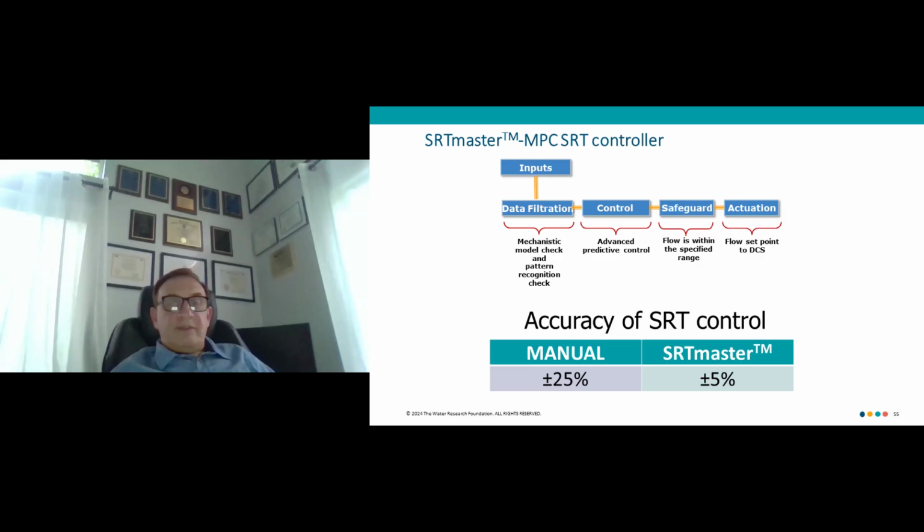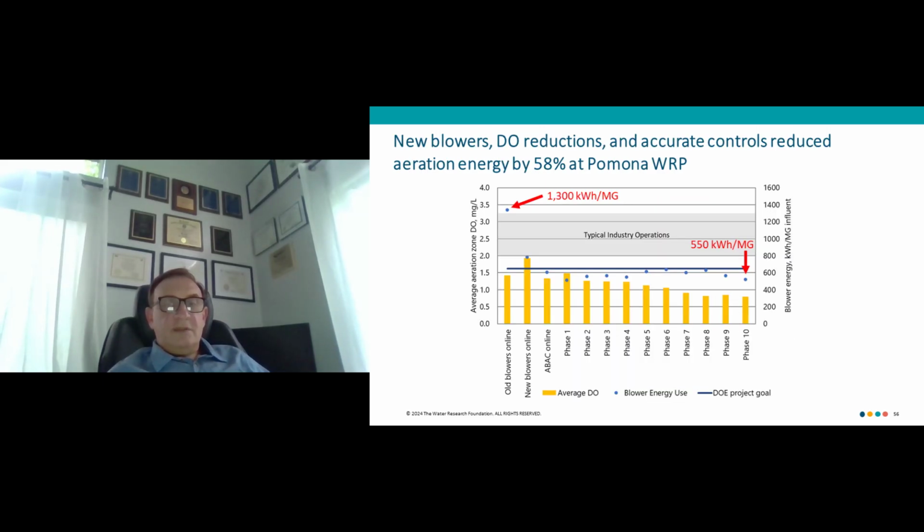So the results of implementation of all these controls led to significant reduction of energy use. As you can see, we started the project with 1,300 kilowatt hours per MG, and we ended at about 550 to 600.